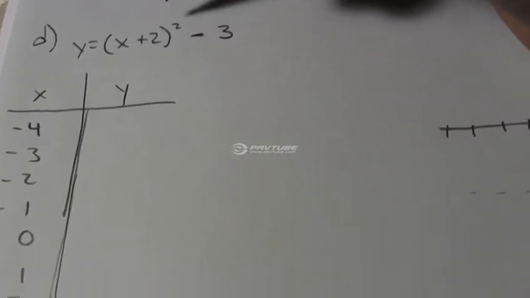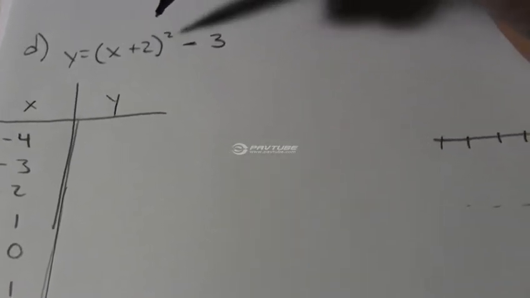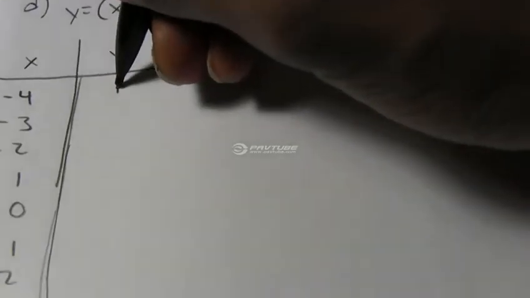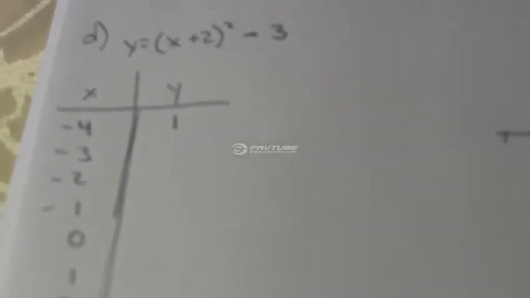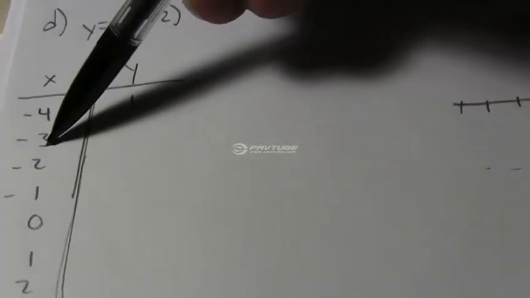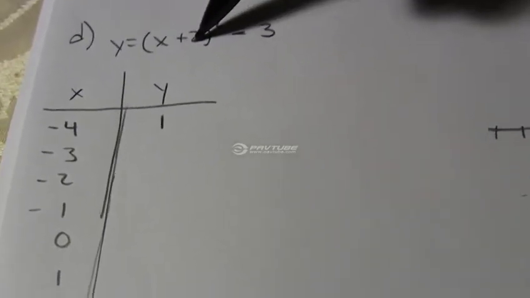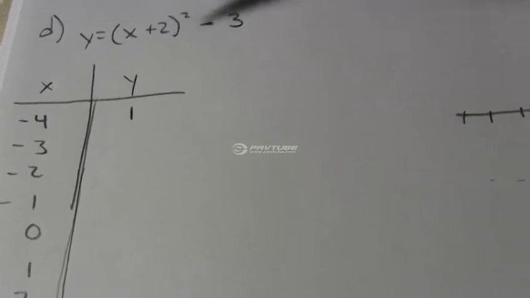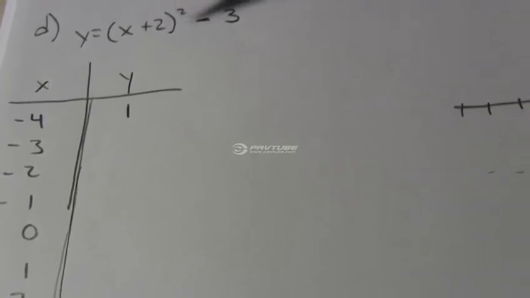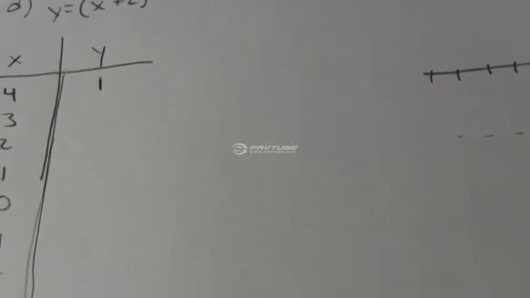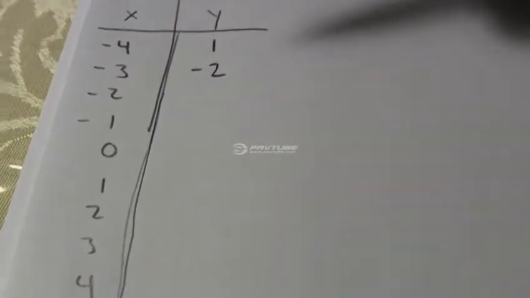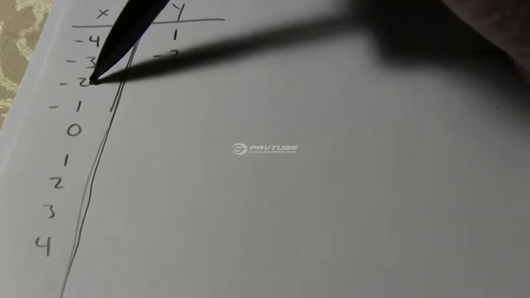Squared is 4. 4 minus 3 is 1. Okay, -3 plus 2 is -1. -1 squared is 1. 1 minus 3 is -2.